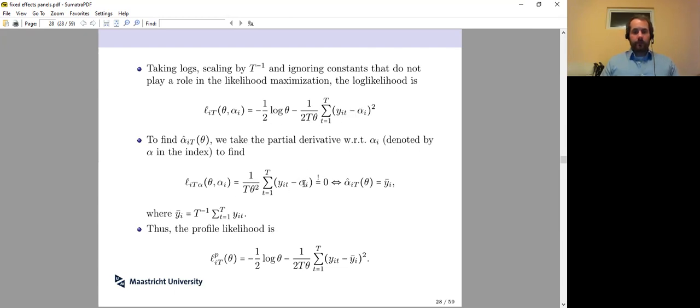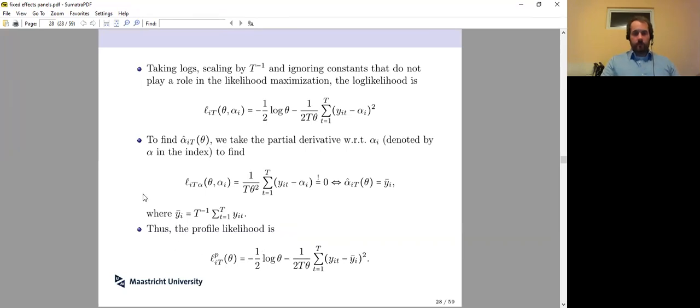And if you solve this for alpha, what you see is that no matter which theta you pick, alpha hat will be the time series average of y. Now, taking alpha hat and plugging it here gives us the profile likelihood. You see where each of the alphas is simply replaced by y_i bar. So this thing here is the profile likelihood.